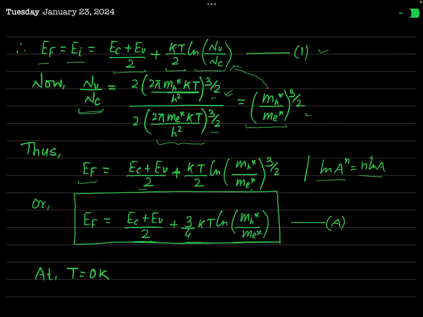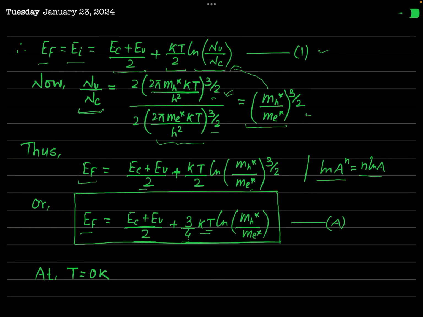This 3 by 2 will be a multiplicative factor, and so EF can be written as (Ec plus Ev) over 2 plus 3 over 4 times Kt times log (mh star over me star). So this is our final expression for the Fermi level in case of an intrinsic semiconductor. And you can see the value of this EF, which is the Fermi level or Fermi energy for an intrinsic semiconductor, depends on the temperature T.